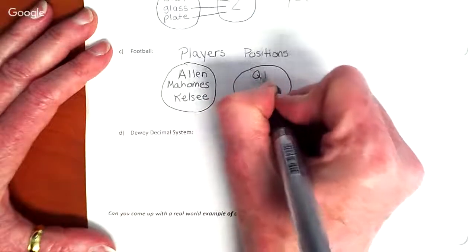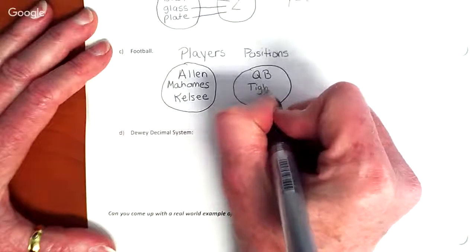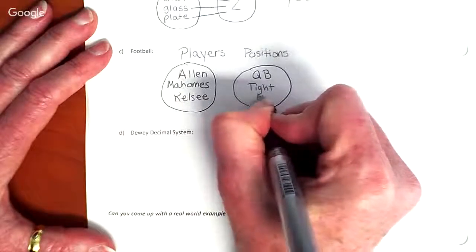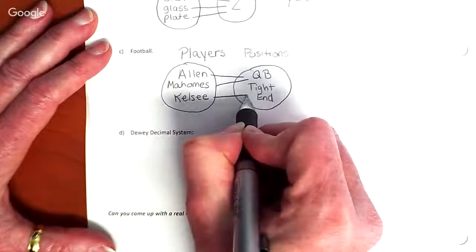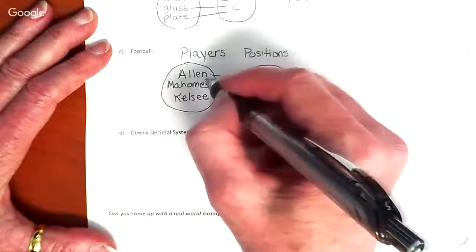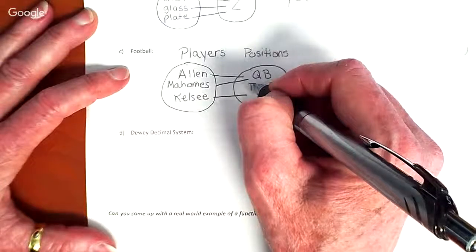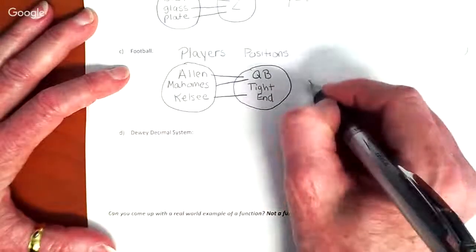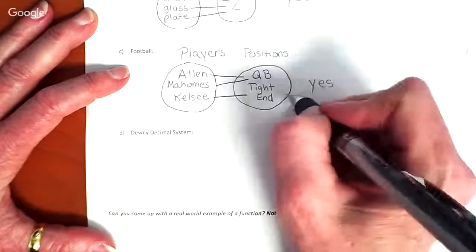Quarterback, tight end. Allen, Mahomes, Kelsey. Again, this would be a function. Each input has exactly one output.